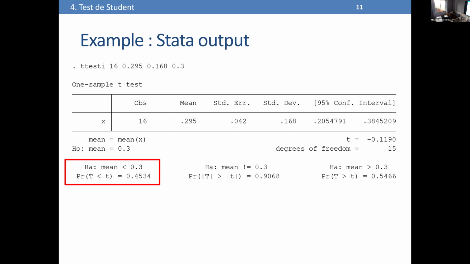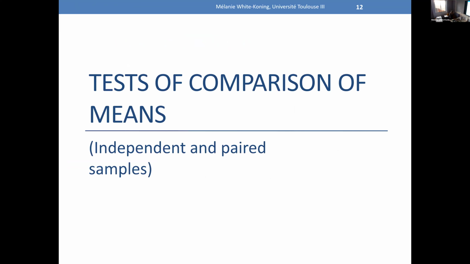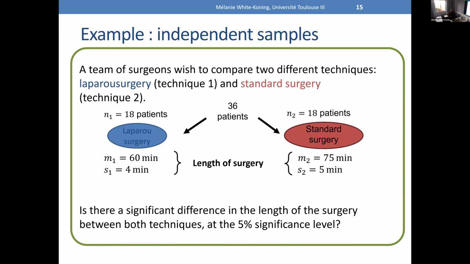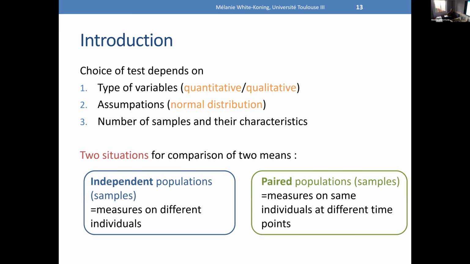Right. So now if we keep going, we're going to look at comparing two means, not just one sample compared to a value, 0.3, but comparing two means. So we said before, the choice of test depends on the type of variables, the assumptions, and the number of samples.